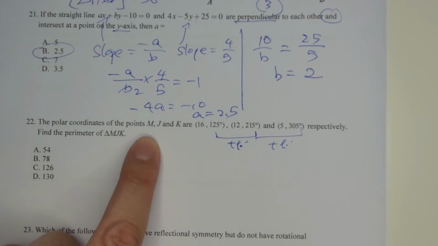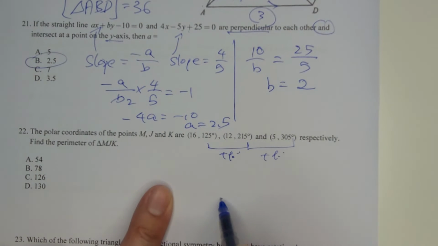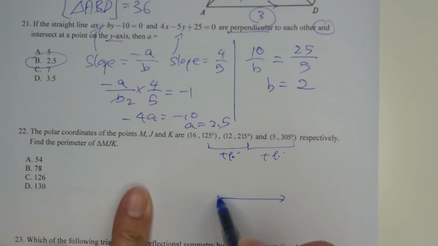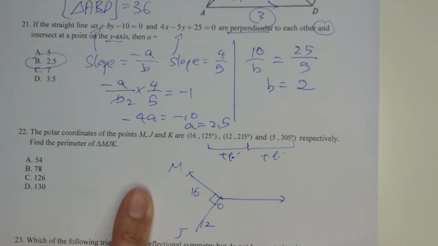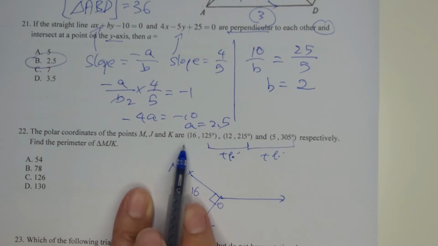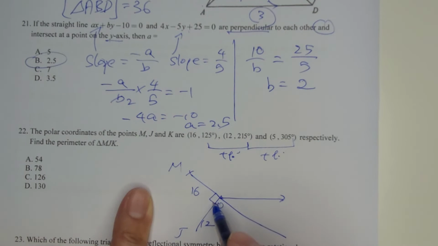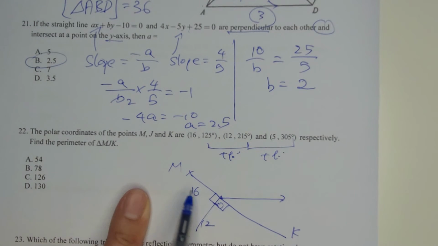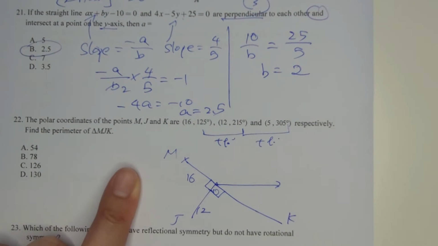That means if you consider these 3 points, I draw the polar axis here. M is something like here, 16, 125, it doesn't matter. The key point is J. It forms the right angle here, and also K forms the right angle here. That means MOK actually is a straight line.